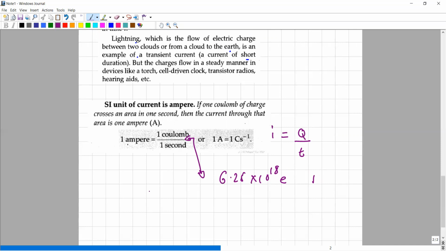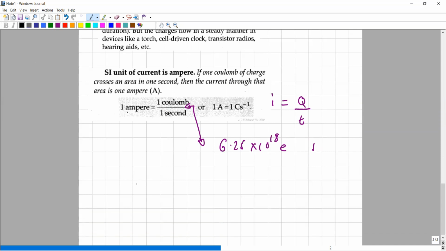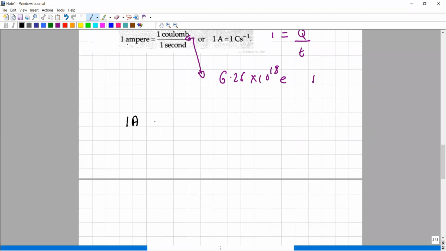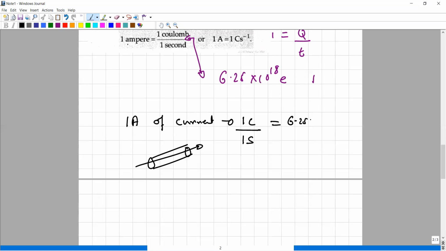That means if you say 1 ampere of current, that would mean 1 coulomb of charge flowing through a conducting wire in 1 second. And that would mean 6.25 into 10 raised to 18 electrons flowing through the conductor in 1 second.